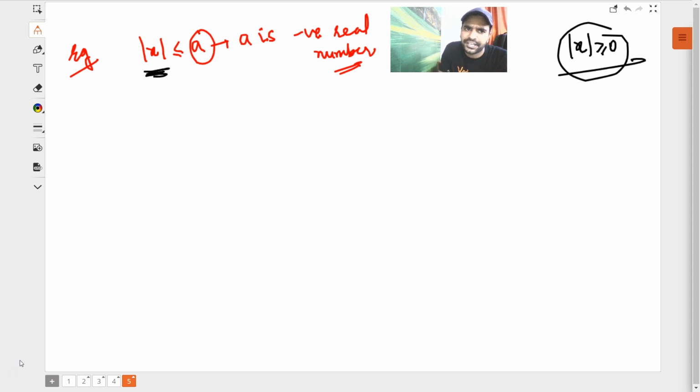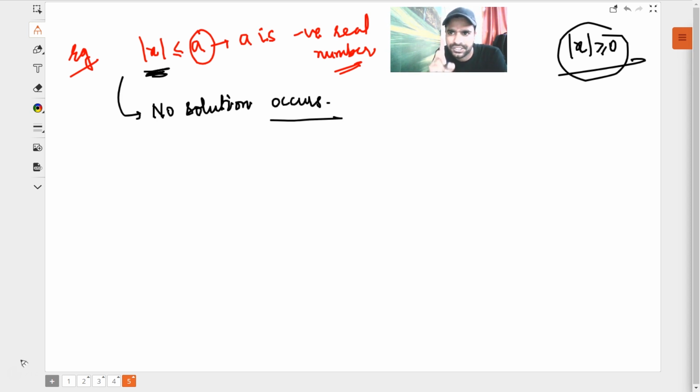That means this thing written over here will be greater than or equal to 0. And if a is some negative number, let's say -1, can an output of a modulus function be lesser than a negative number? No. That means directly in this case we can say no solution occurs. Everybody clear with this?